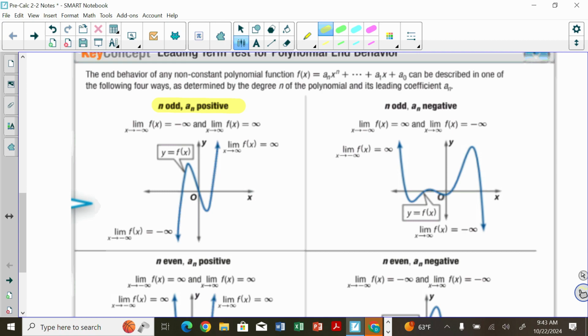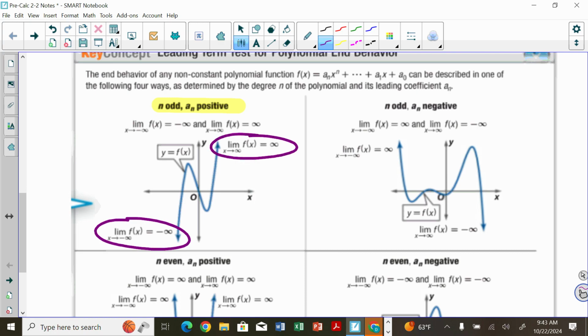It starts down here at negative infinity. As x approaches negative infinity, the limit is negative infinity, and then you work your way up to positive infinity.